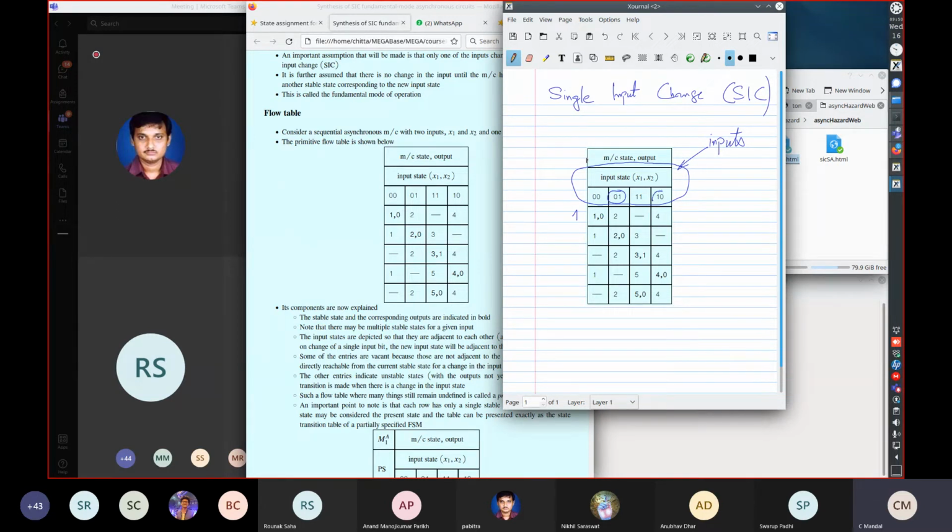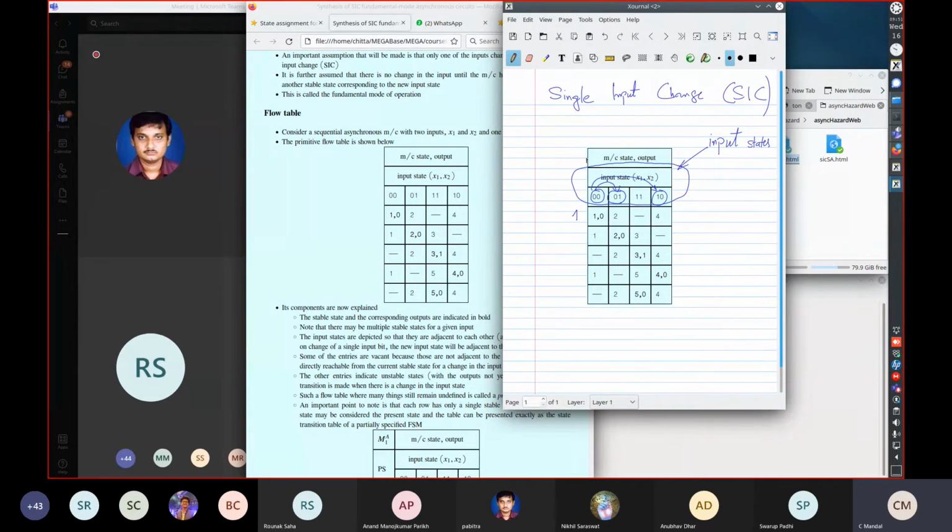So if you call these input states, your input states from 0, 0 can either go to 0, 1 or it can go to 1, 0. All right.